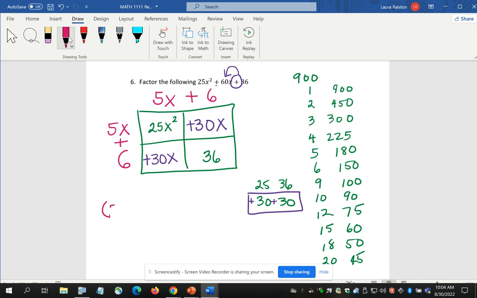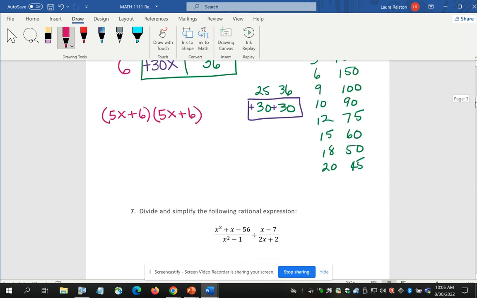So I have 5x plus 6 times 5x plus 6. Whatever you have on the column and whatever you have on the rows becomes your two factors. Again, you could have done that by trial and error, which some people prefer.